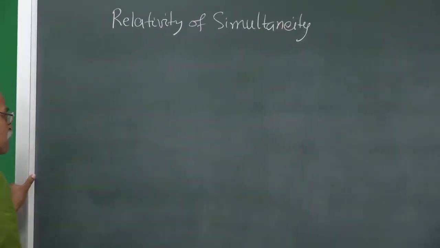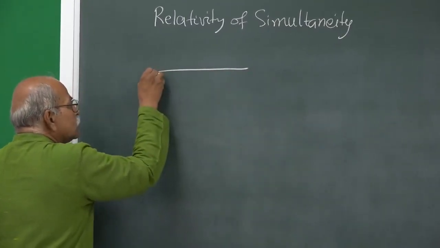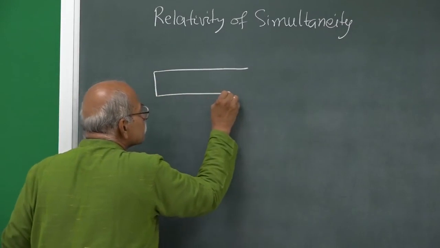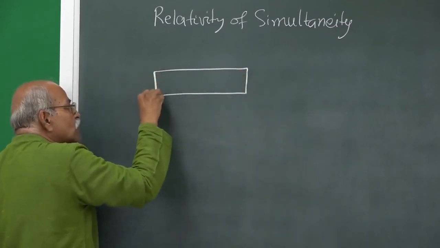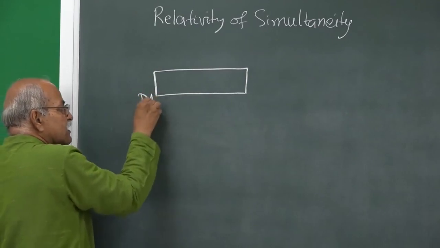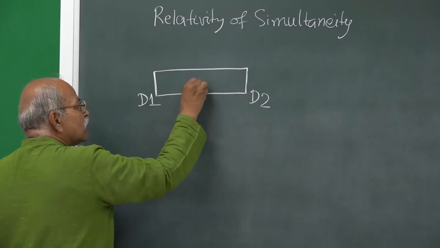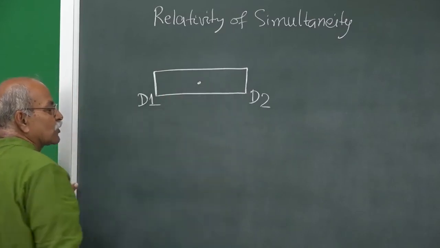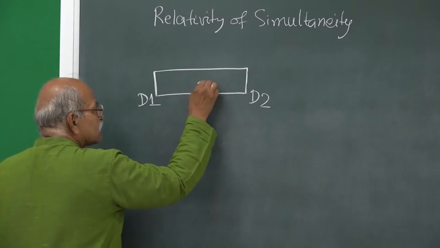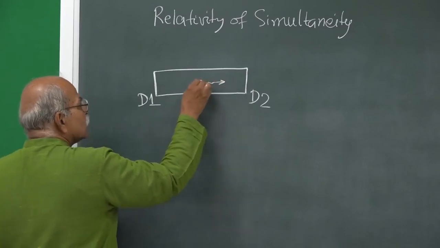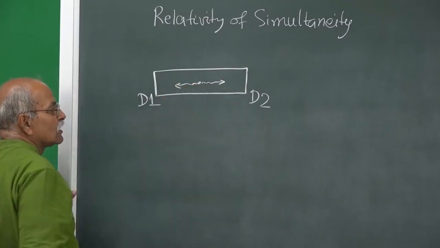First, let me take an example. Suppose you have a long tube, a box, and here there is a door D1 and here there is a door D2, and right at the middle there is some source of light, which emits light in all directions, one going in this direction, one going in this direction.